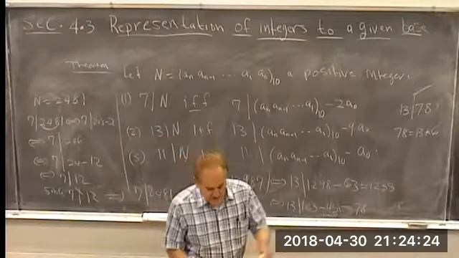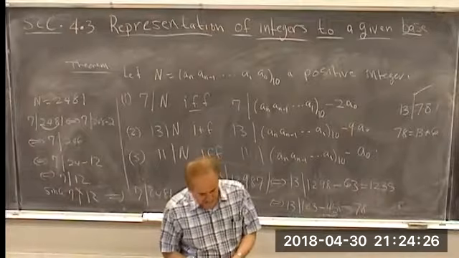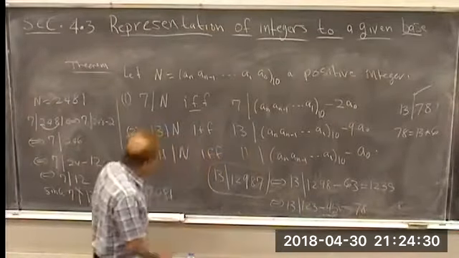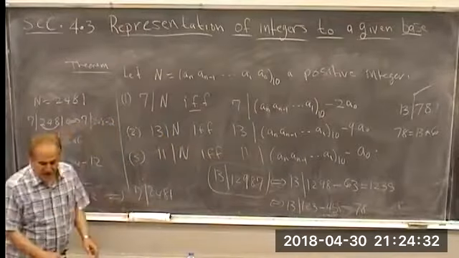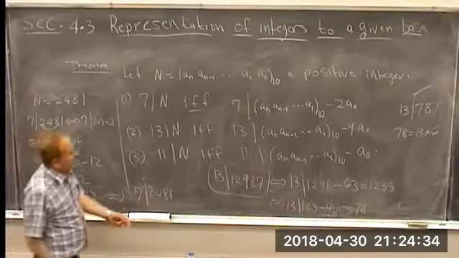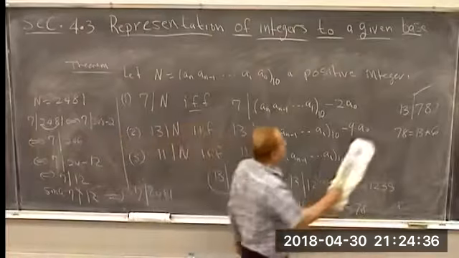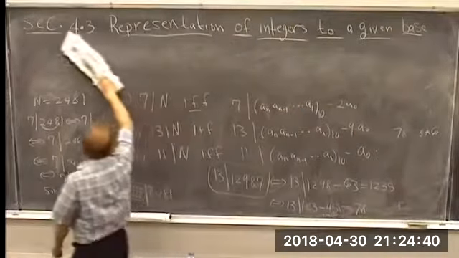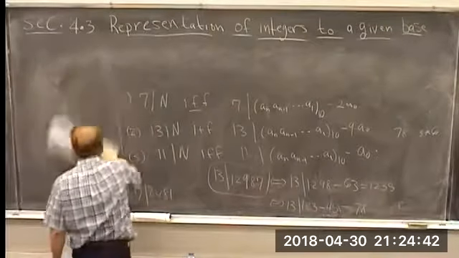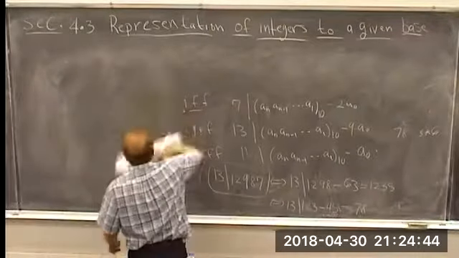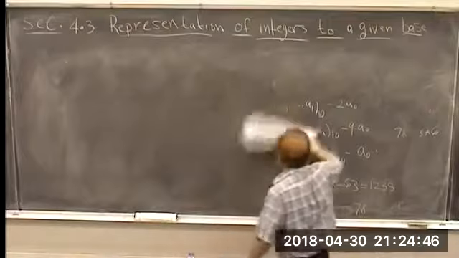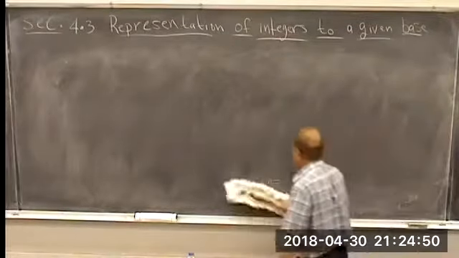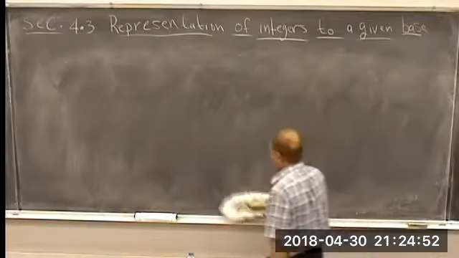Now, the proof of this is again based on finding a congruence relation that is satisfied and gets it to work for the number and whatever we're proposing or simplifying.